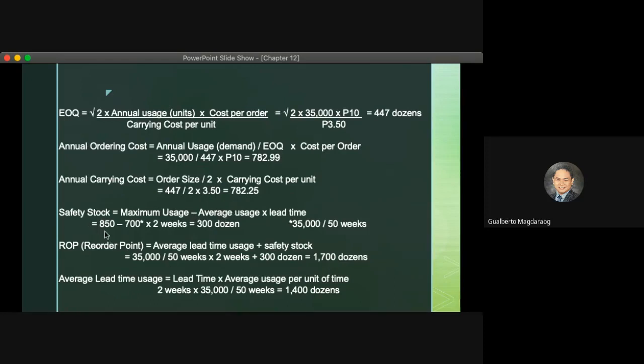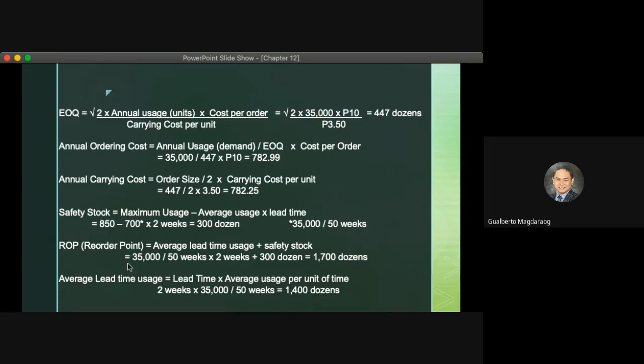Safety stock is 850 minus 700. That's the weekly requirement times 2 weeks. So you need to maintain 300 dozen upon ordering so that we will not lose any sales.